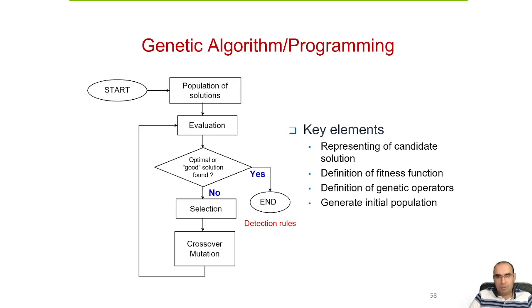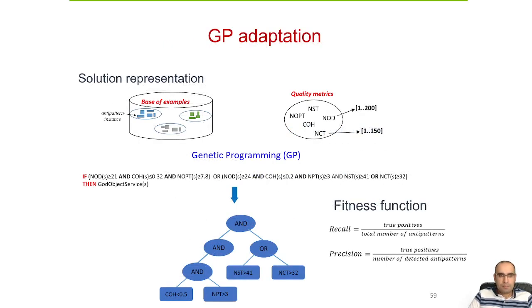towards the optimal solutions. Suppose that we have a base of examples that consists of several anti-pattern types, and then we have a list of quality metrics.